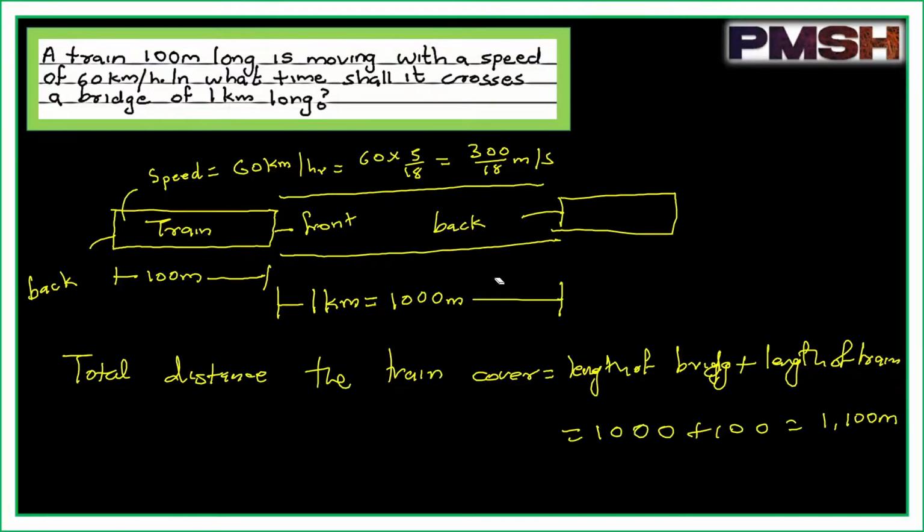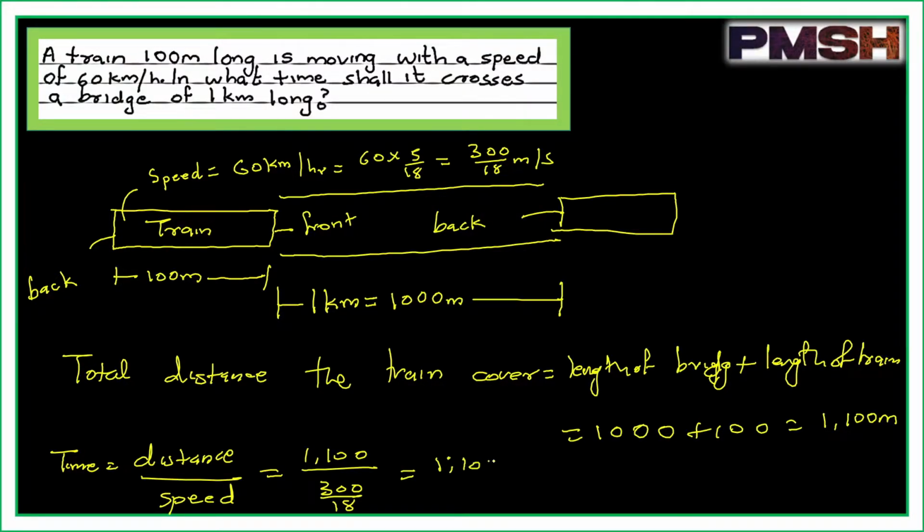Now we want to find the time. How to find the time? We know that time is nothing but distance by speed, isn't it? The distance is 1100 and the speed is 300 by 18. This 18 will go to the numerator.